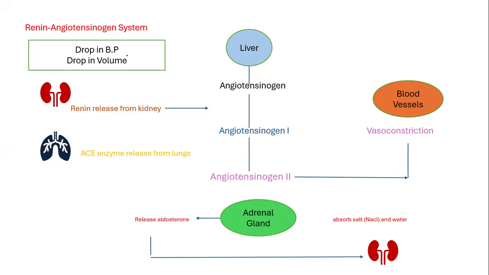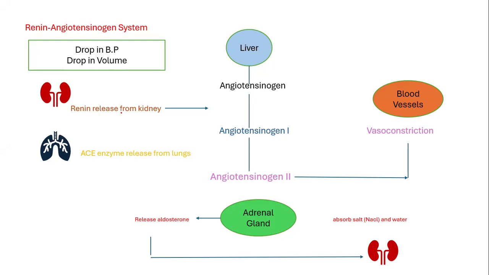Maybe because of hypovolemia due to injury, or if there is any open wound, there can be hypovolemia, or this can be due to electrolyte imbalance. If a person is having nausea or vomiting for a longer period of time, maybe he or she can be depleted of volume. So if there is a drop in blood pressure or decrease in volume, what are the compensatory mechanisms? The kidney will release renin, right?